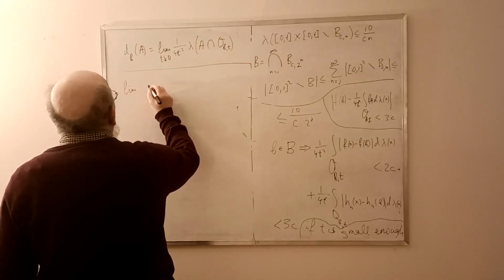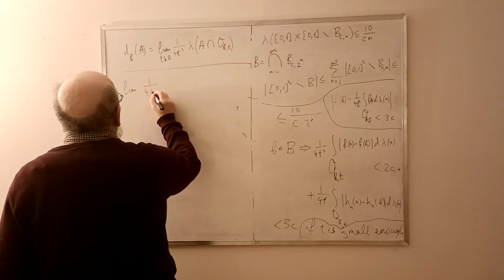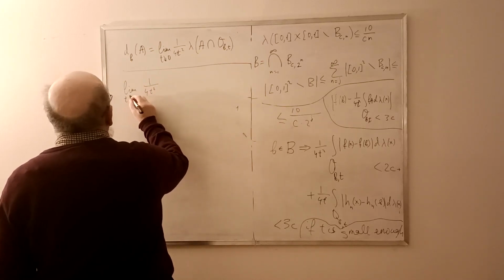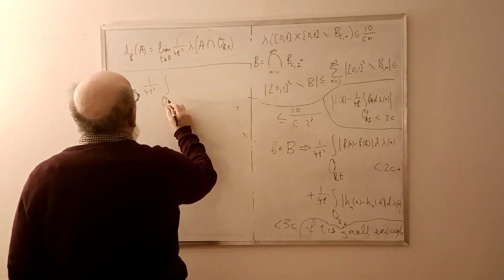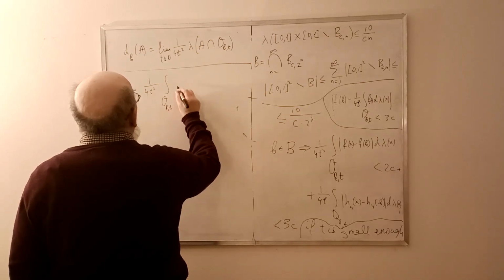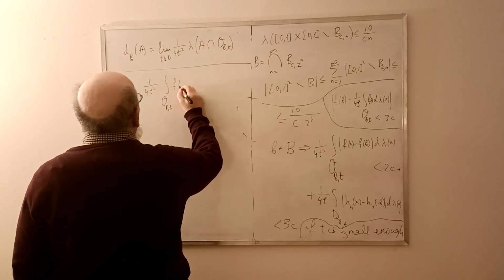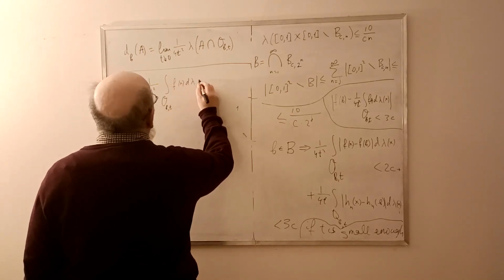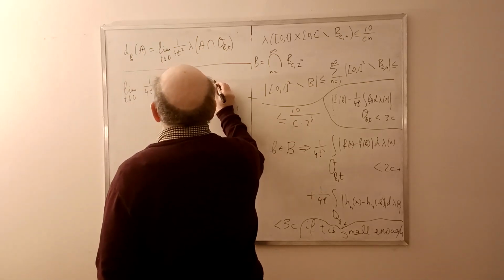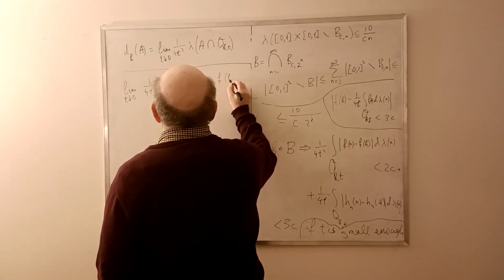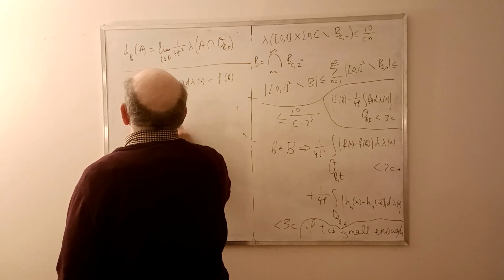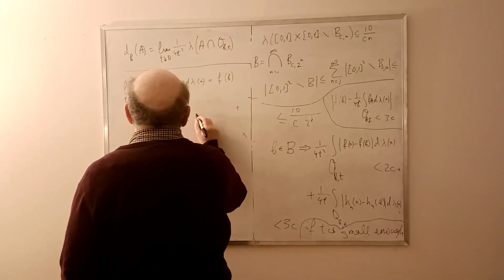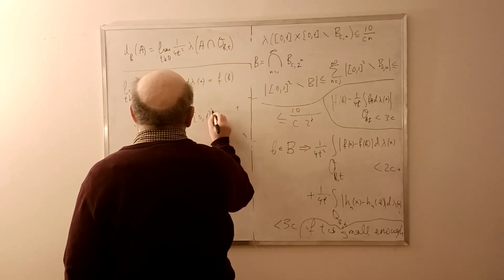And I showed how to prove that the limit as t goes to 0 of 1 over 4t square, integral over O(b,t) of f(x) d lambda of x, equals f(b) for almost all b in the square [0,1]^2.